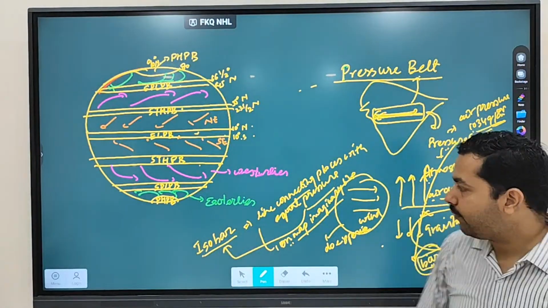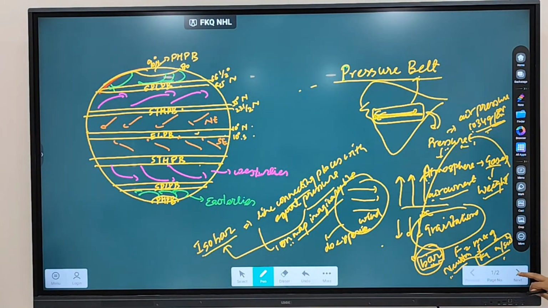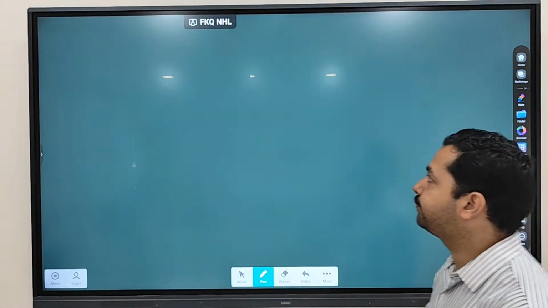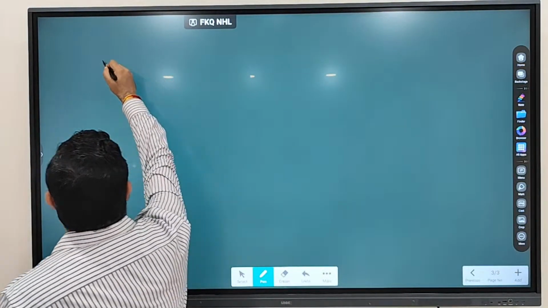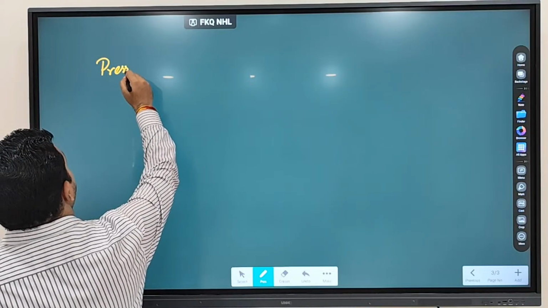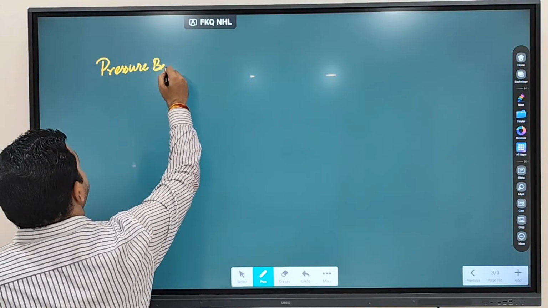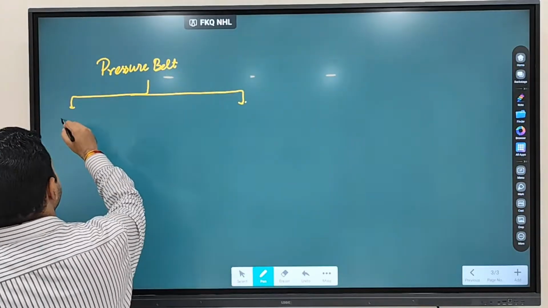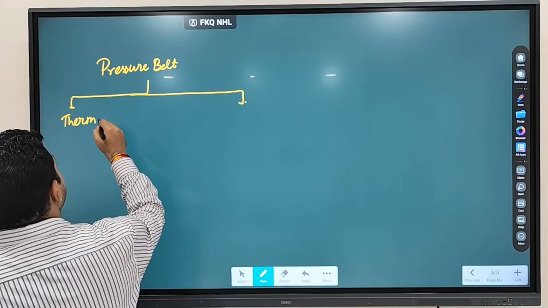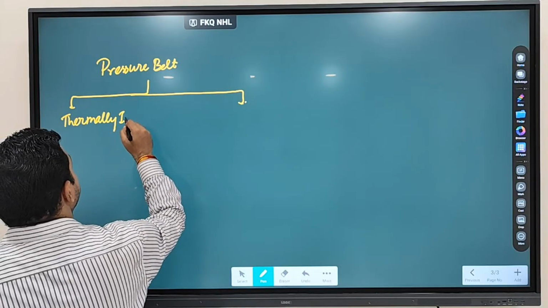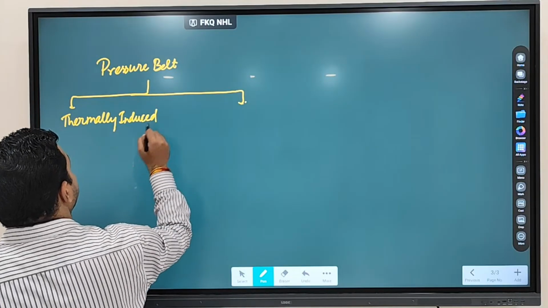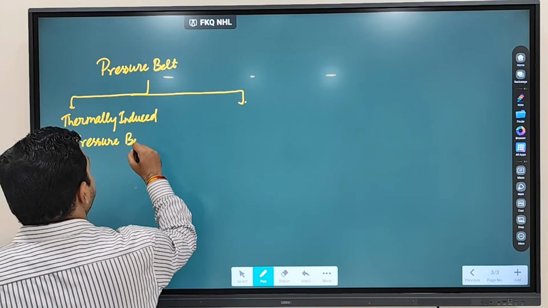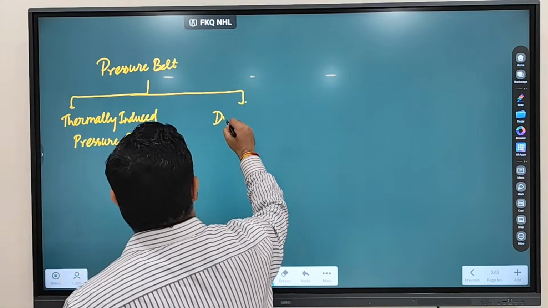Fine. So we classify this pressure belt into 2 parts. They are referred to as thermally induced pressure belt and dynamically induced pressure belt.